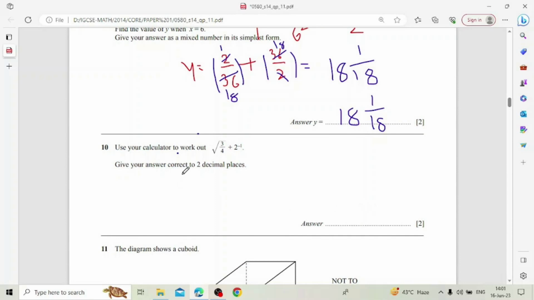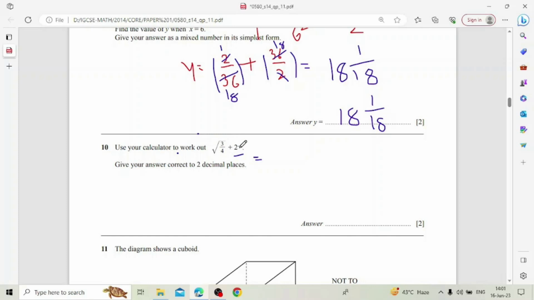Perfect. Number 10. Use your calculator to work out the square root of 3 over 4 plus 10 raised to negative 1. So when we solve negative 1, yes, we can solve in scientific calculators perfectly.